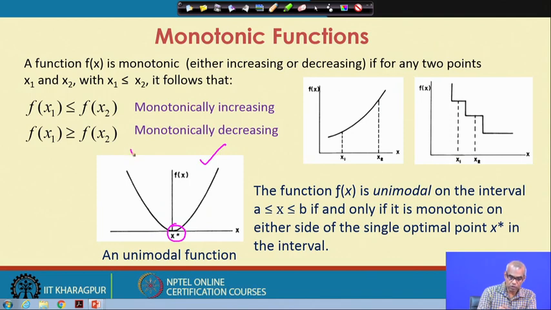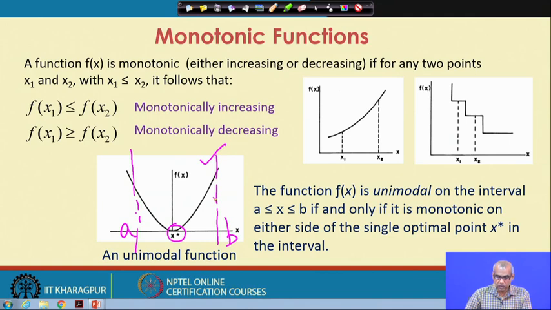Let us say we are talking about the interval a to b. The function f(x) now is unimodal. We have talked about what is unimodal in the previous lecture. That unimodal function will have a single minimum as it is shown in this figure. We are talking about minimum.